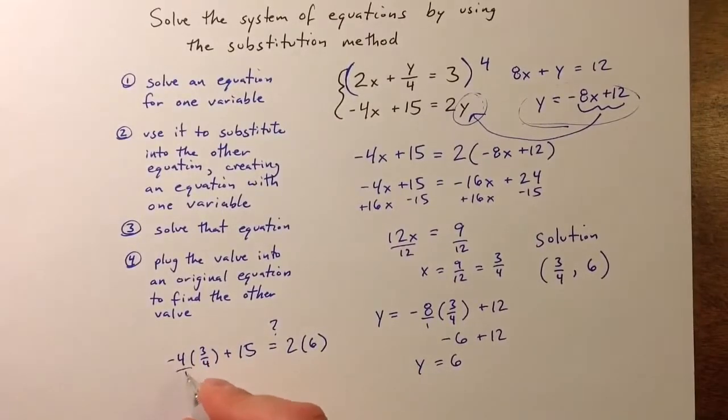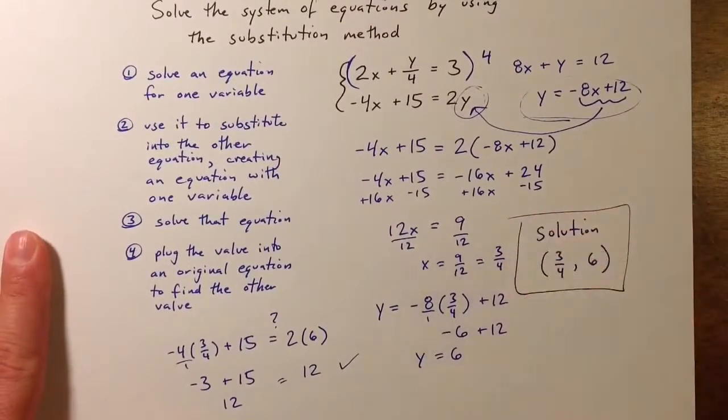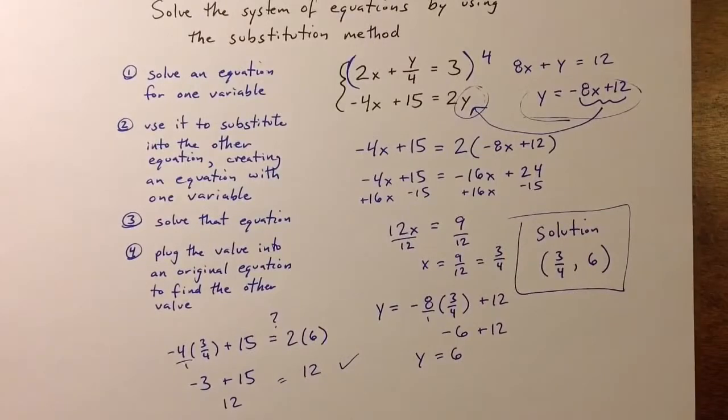Negative 4, I can think of that as negative 4 over 1, so this is going to become a negative 3 plus 15. That'll equal 12. On the other side, of course, 2 times 6 also equals 12. And so the solution works. The solution to the system is 3/4 for x and 6 for y.